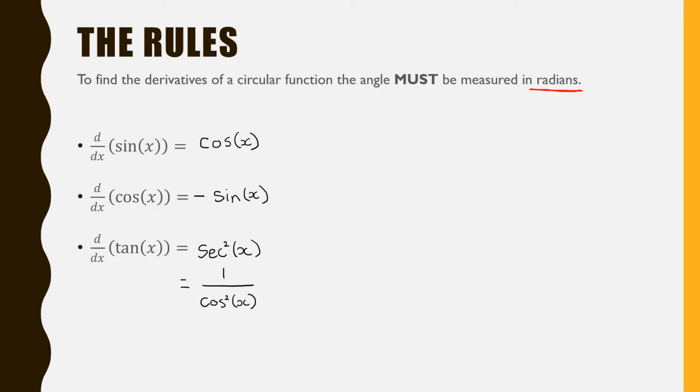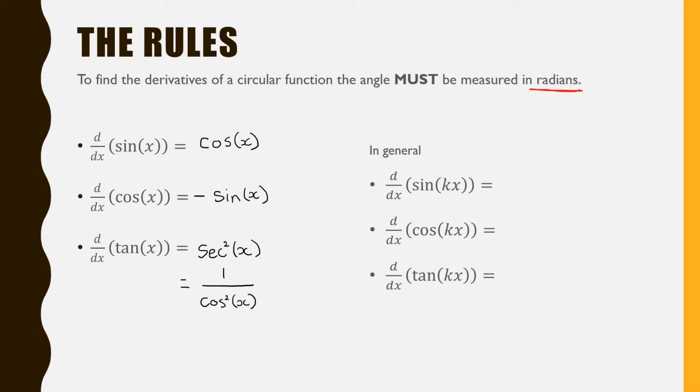We can look at this more generally if we have a value of k. So if we are differentiating and we have a larger function here, we just differentiate the argument as well. The derivative of kx is k, so the derivative of sine of kx is k cos kx.